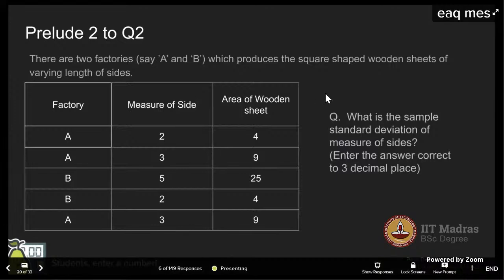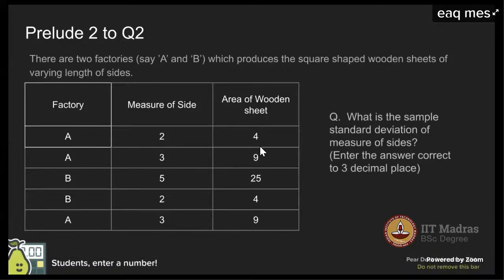Okay. I have a doubt here. In the column 1 factory, there are 2 factories, A and B. So how would it be if I group the measure of sides for factory A as 8 and B as 7 and then take the standard deviation?